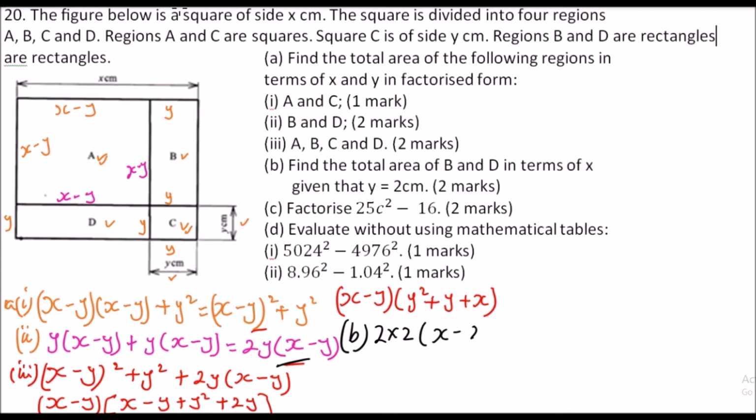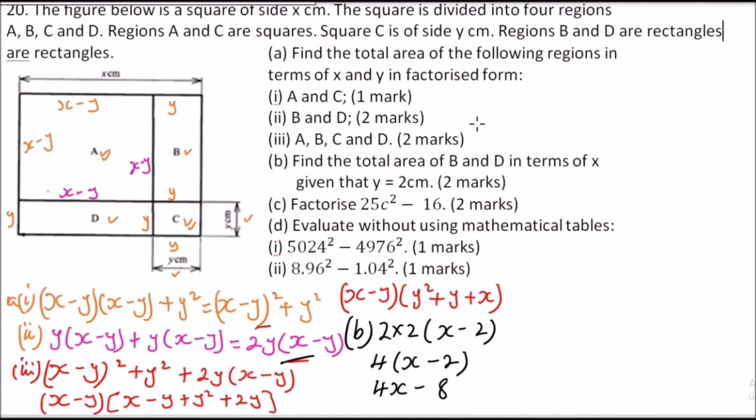You open the bracket, this will give you 4 into bracket x minus 2, and when you open the bracket, you find it is 4x minus 8. So that is the area of B and D in terms of x, given that y is equal to 2.